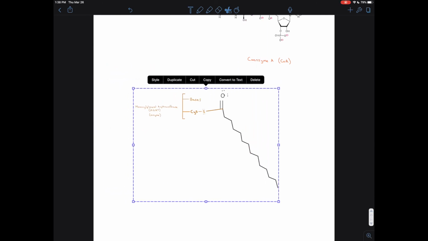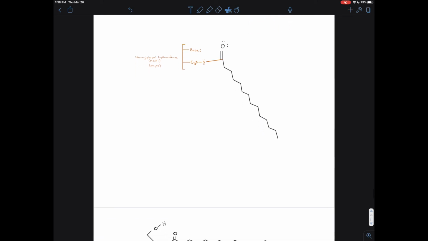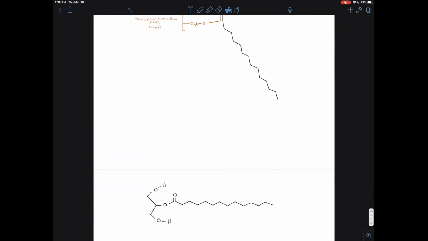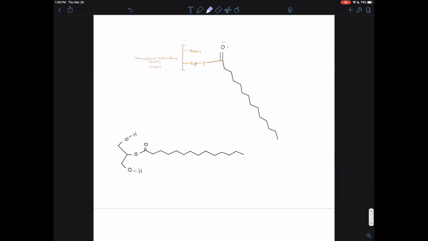So now that we have this acyl enzyme, we're ready to react it with our monoacyl glycerol, right? One acyl group on glycerol, monoacyl glycerol. And it's going to be another nucleophilic acyl substitution just like the one before.